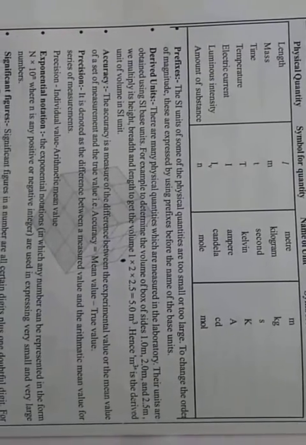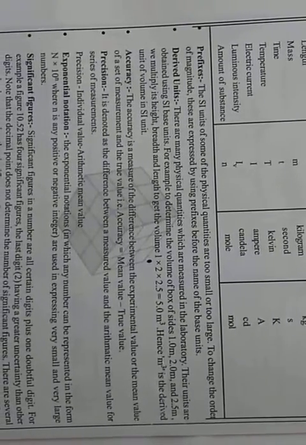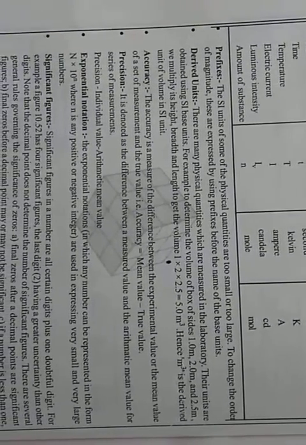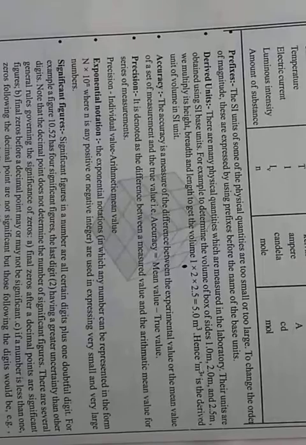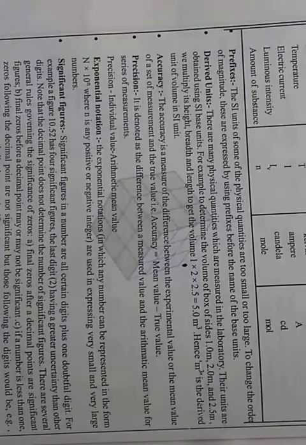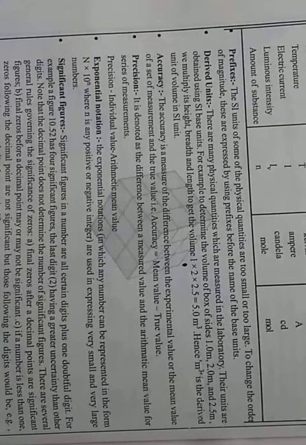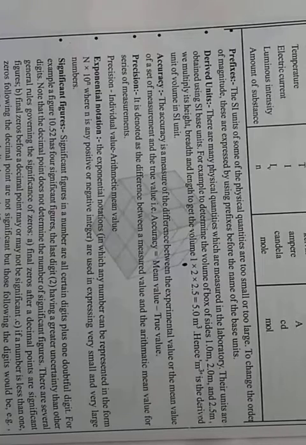Significant figures. Significant figures means the number of certain digits plus one doubtful digit. For example, the figure 10.52 has 4 significant figures, the last digits having a greater uncertainty than the other digits.